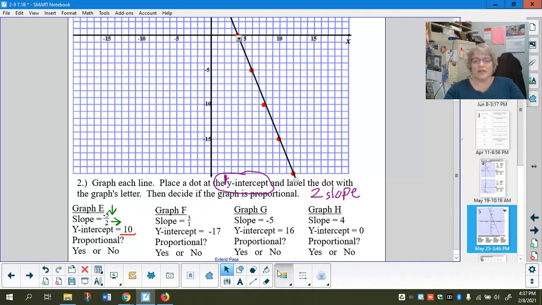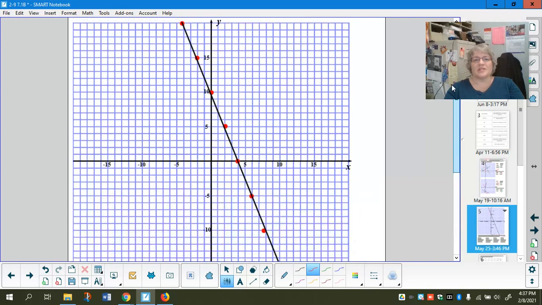Then make sure you put arrows on the end to show the line keeps going. We only stopped because we ran out of graph paper. And that one was letter E, graph.